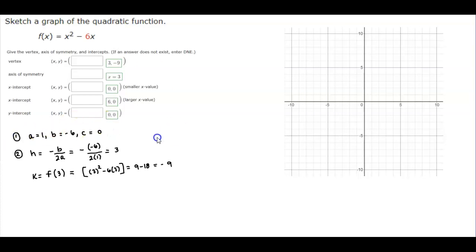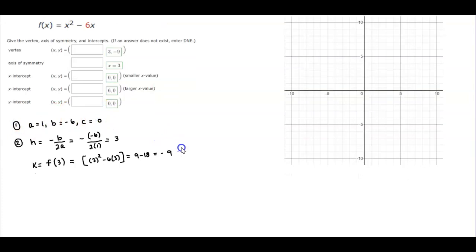Okay, so now we know what the standard form looks like, but we just need to take a look at the value of our vertex. So we know that our vertex is located at 3 and then negative 9.